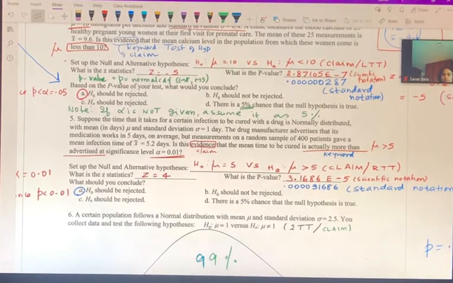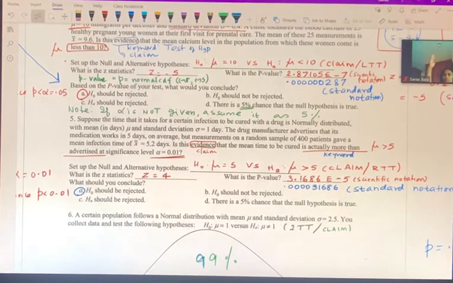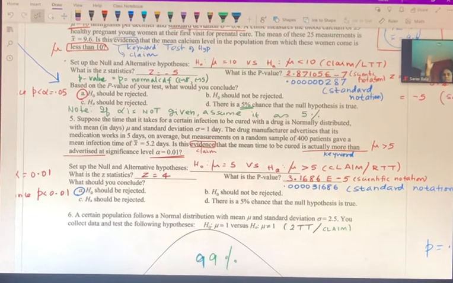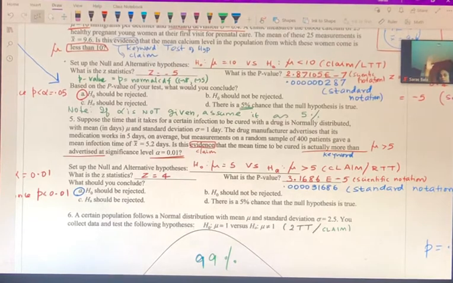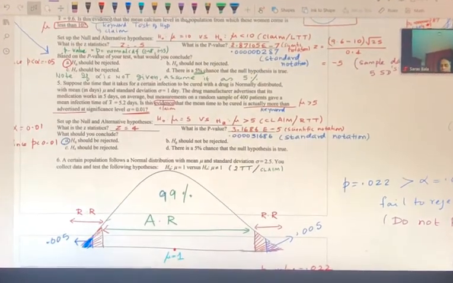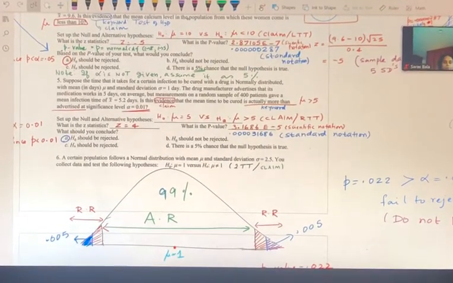Because if z is more than 2, since negative 2 to positive 2 is the middle 95%, even a z-score of negative 3 is going to be your rejection zone. If your z-score is 4, that means your observation is 4 standard deviations below the center, and that's going to give you a very unlikely probability, and you are going to write the conclusion.